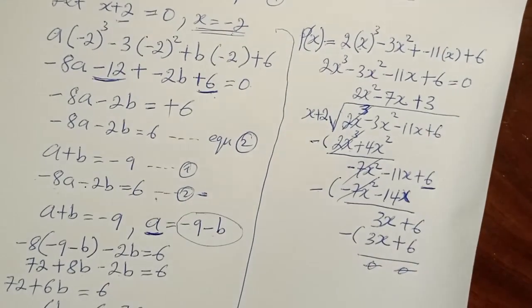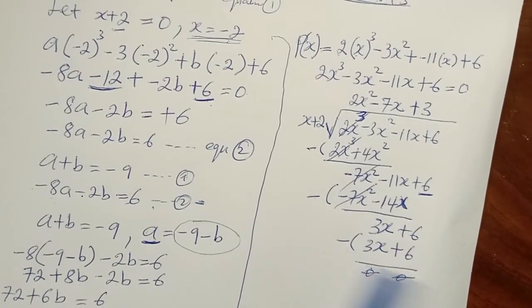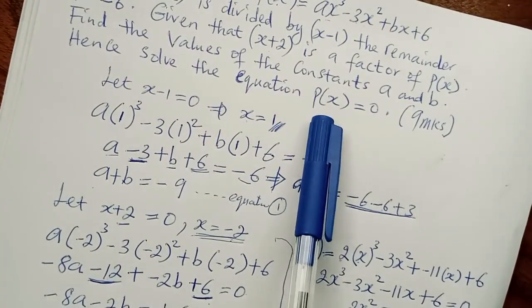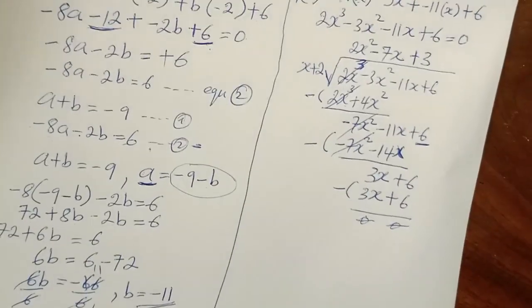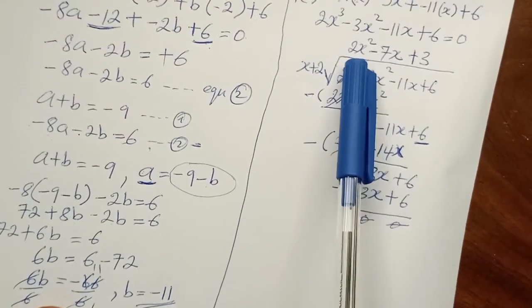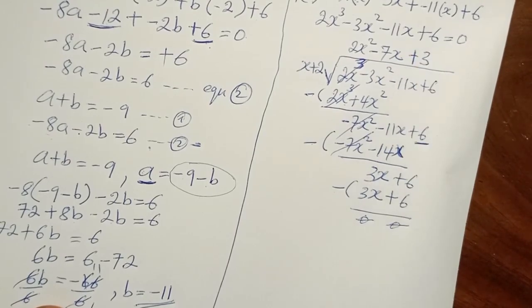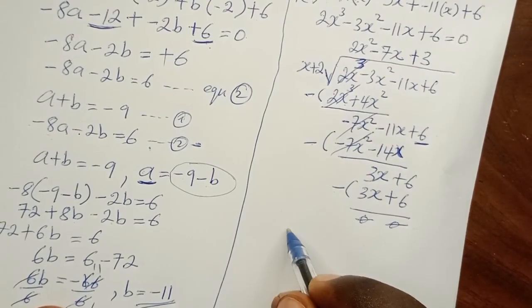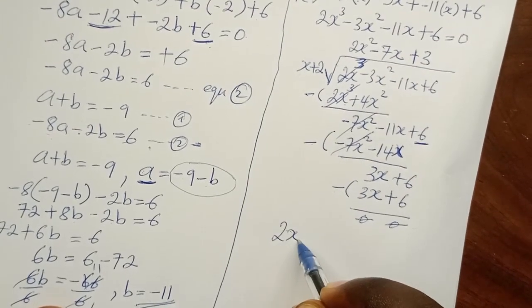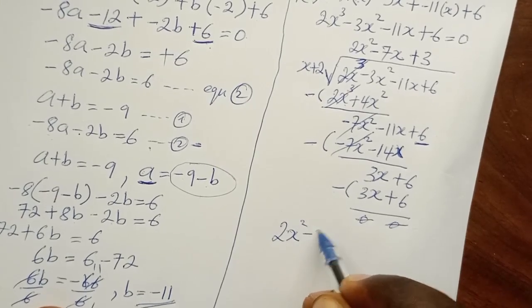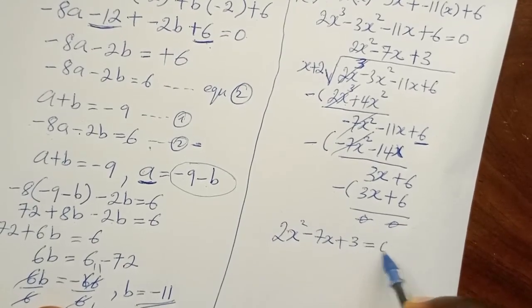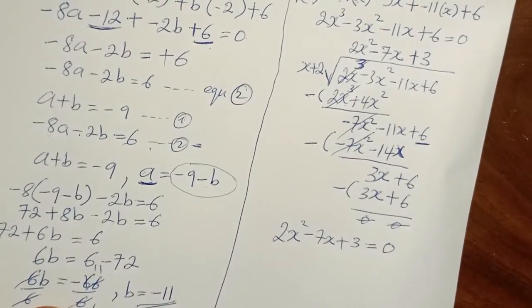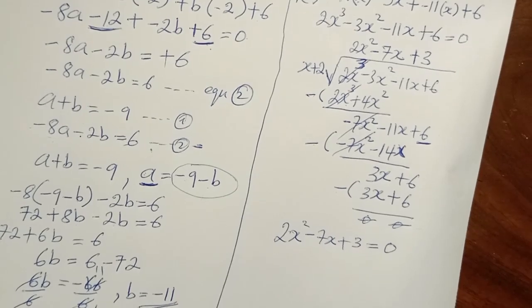Since we have p of x equal to 0, the new expression we have is 2x squared minus 7x plus 3 equal to 0. So we now need to look for the values of x.